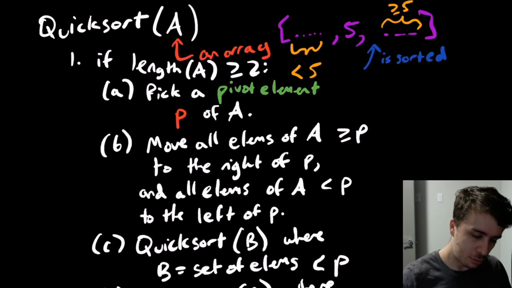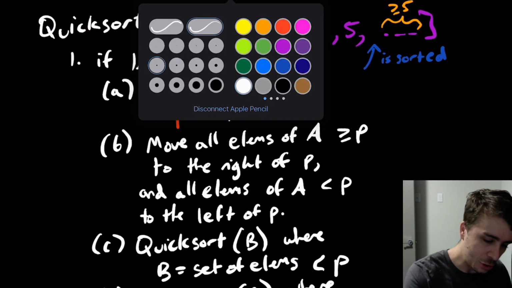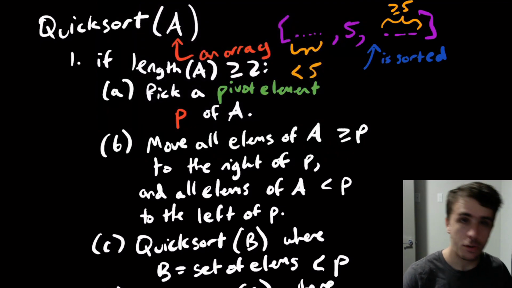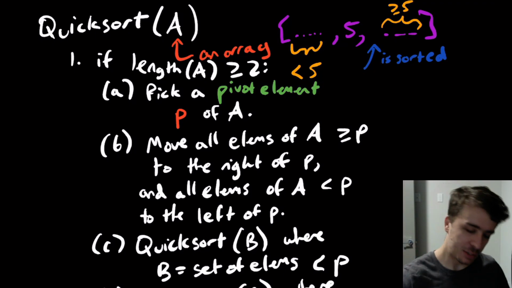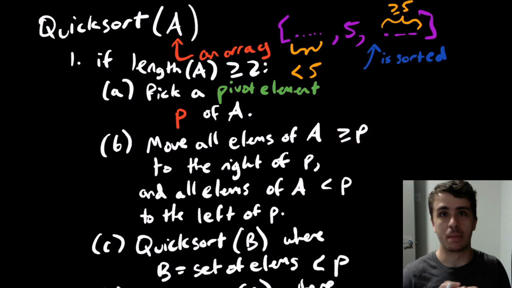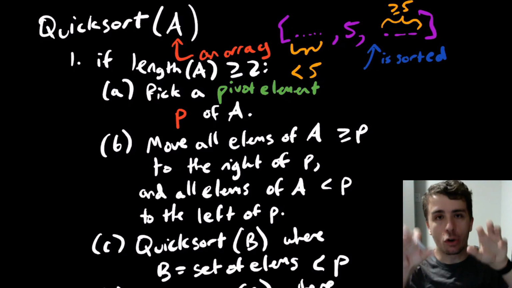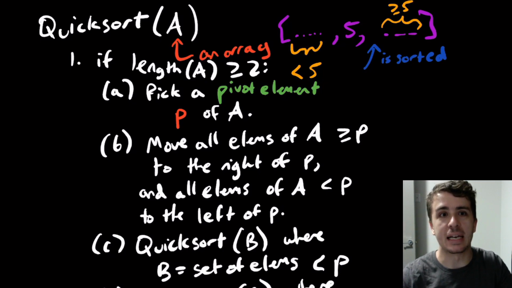The thing you should pay attention to is that this does sort the array, because if you have at least two elements, then you will pick a pivot element, move elements to the corresponding right or left side, and then recursively work on both pieces. At some point you're going to go all the way down to the base case, which is an array of one element or zero, and we know that an array of 1 or 0 elements is already sorted and we don't need to do anything.